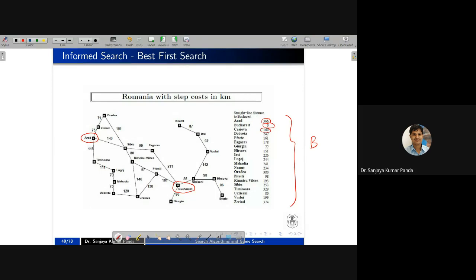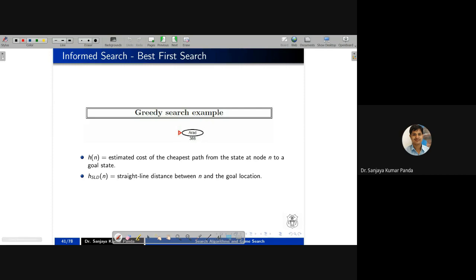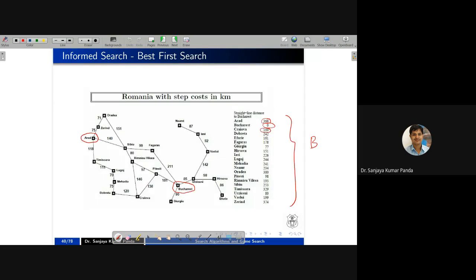Let us see one by one. First our source city is Arad, right? What is the distance from Arad to Bucharest? Can anybody tell? What is the straight line distance?